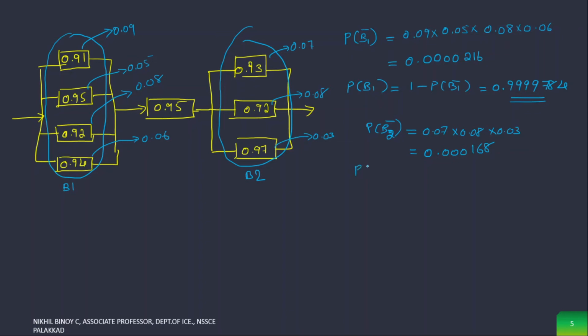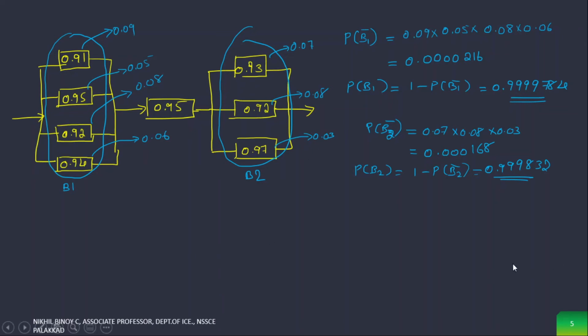So what about the probability of survival of block 2? That is equal to 1 minus the probability of failure of block 2. So that is 1 minus 0.000168 equal to 0.999832. So please don't round it, because I told you we can't round this value, so better leave the second one also. Okay, so this one is the second parallel block.